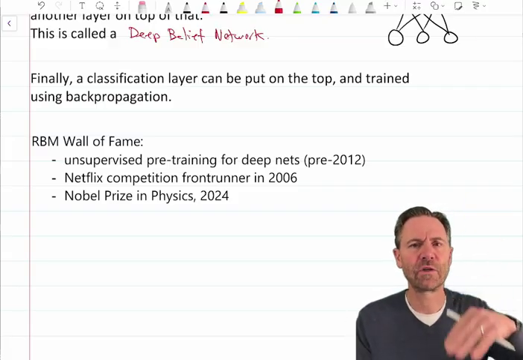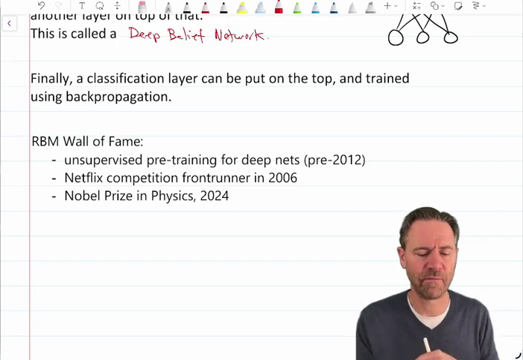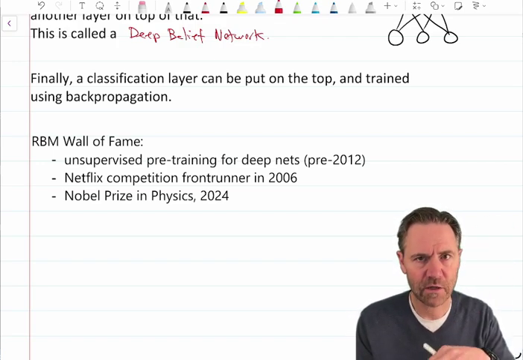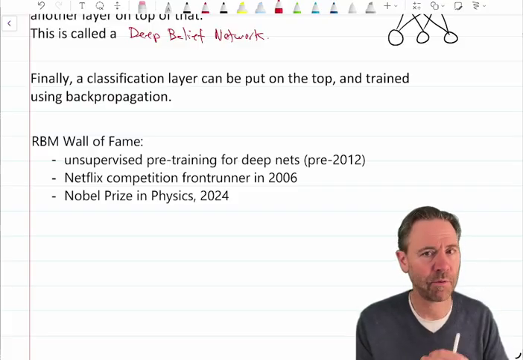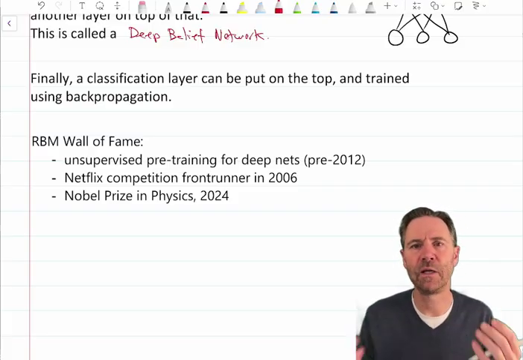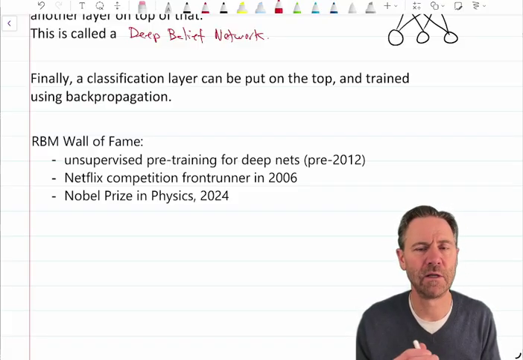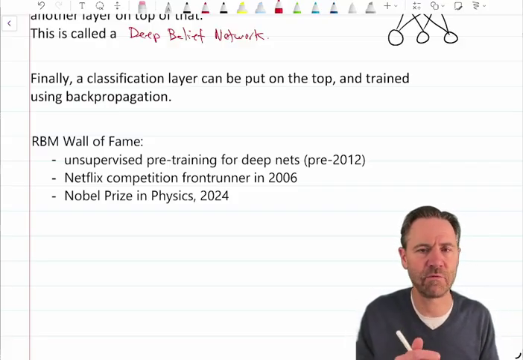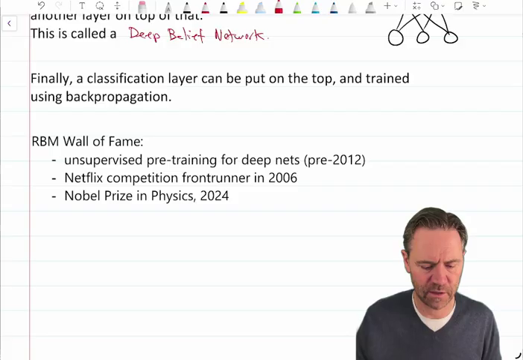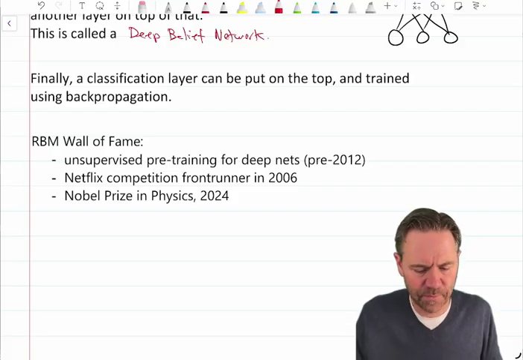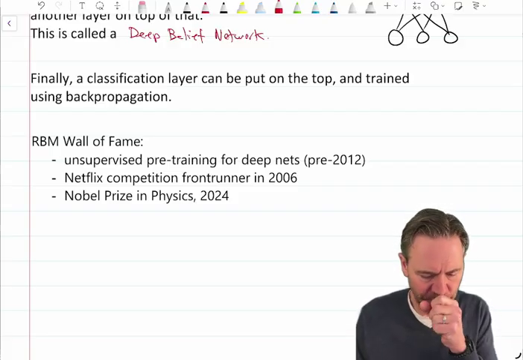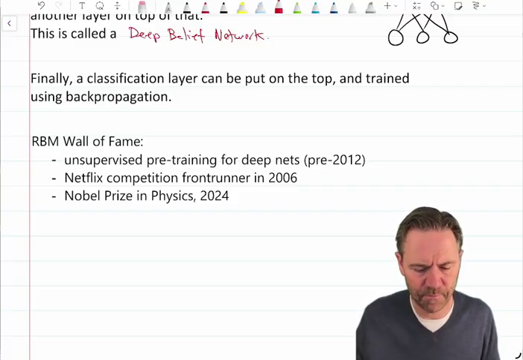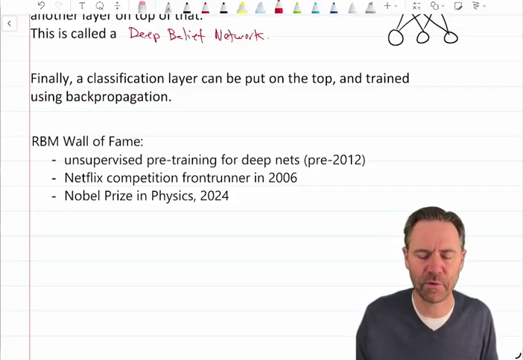If you train a few layers using RBMs, then you could take those pre-trained layers and start doing backprop. And the backprop would be far less susceptible to vanishing gradient, because you've already come up with decent representations in your hidden layers. So it was a big deal pre-2012 for pre-training deep networks.